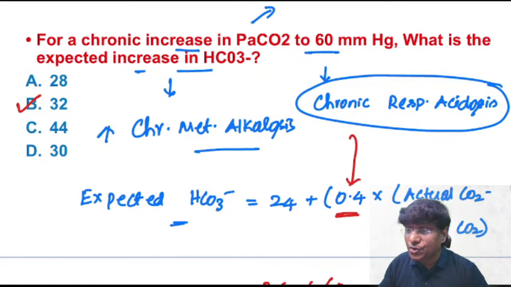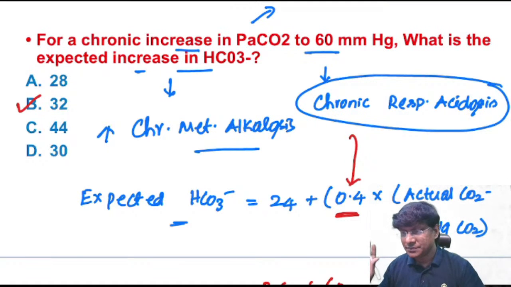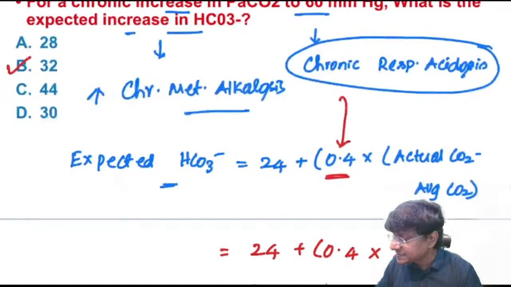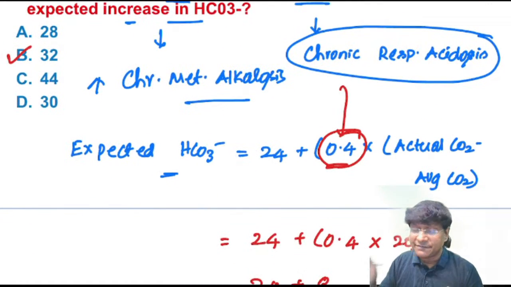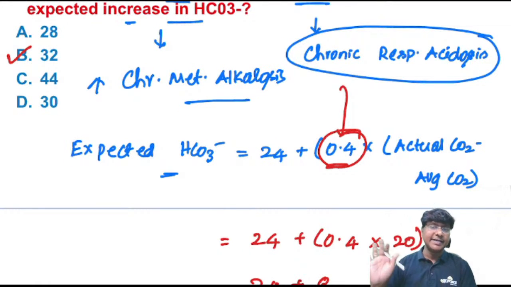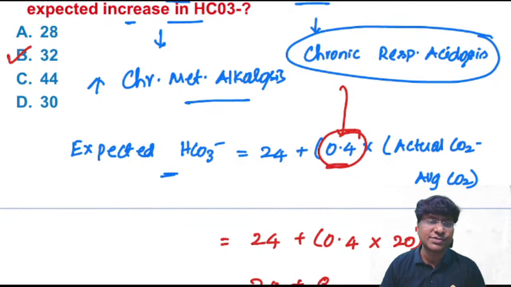But for acute, what is the expected bicarbonate? That is 26. So the difference is this: for chronic you multiply with 0.4, but for acute you multiply with 0.1. That is the difference in the expected bicarbonate value between acute respiratory acidosis and chronic respiratory acidosis.